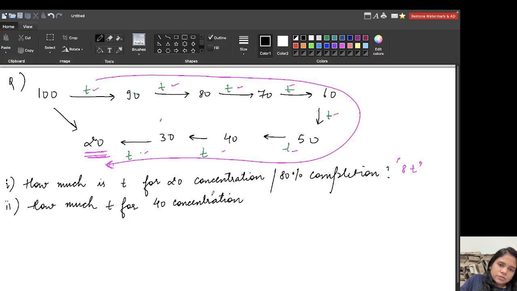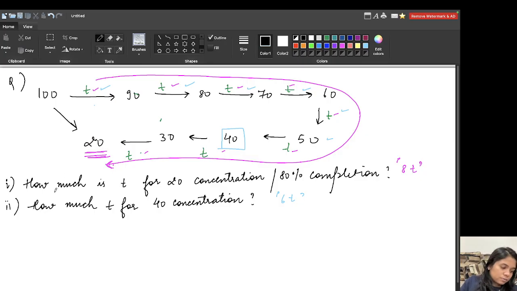Where is 40? Just mark your 40. How many T's do you get? 1, 2, 3, 4, 5, 6. 6T, right? 40 concentration means how much completion rate? 60% completion, right? So 100 minus 60, 40 is left, right? So 6T is your answer.